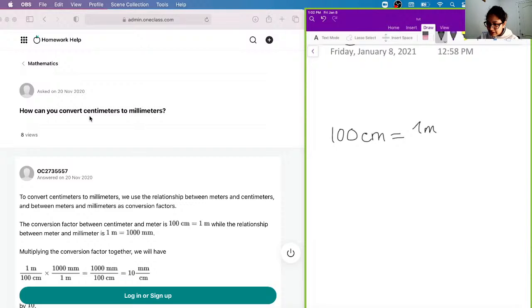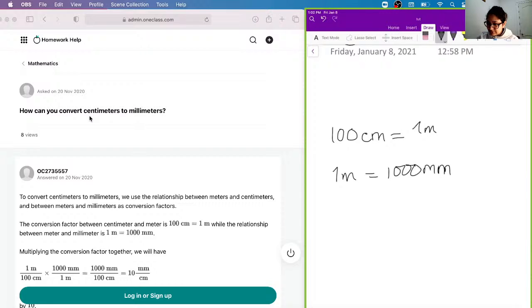Okay, while the relationship between a meter and millimeter is, you have 1 meter is equal to 1000 millimeters.